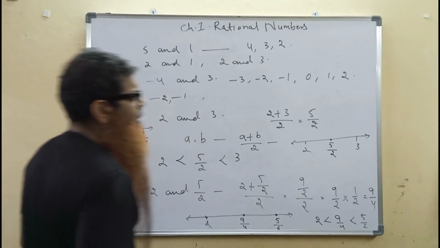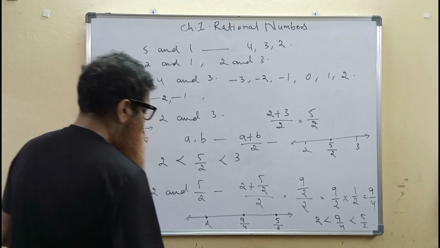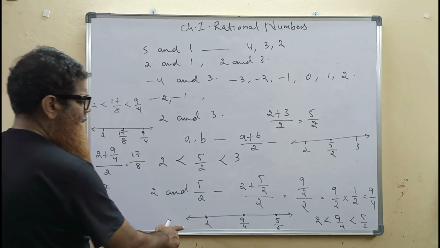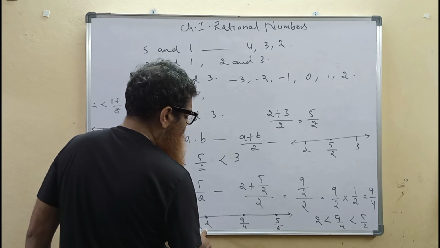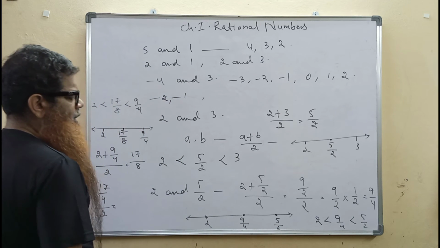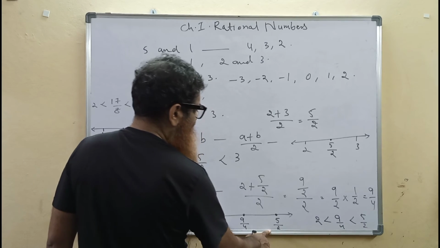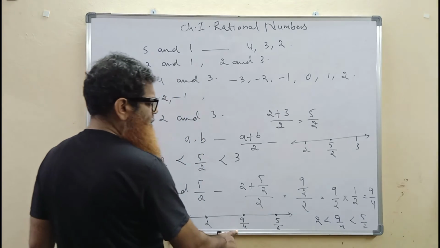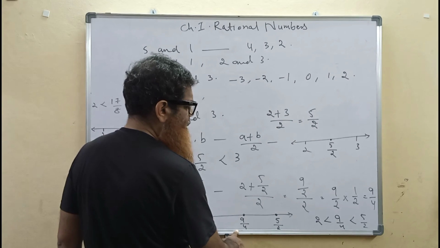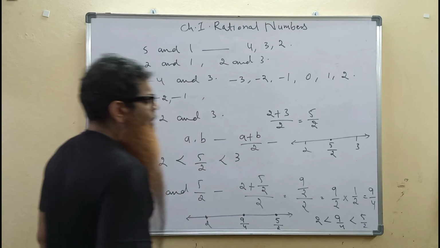So it is 9 by 4, exactly in the center of 2 and 5 by 2. That is 2 less than 9 by 4 less than 5 by 2.